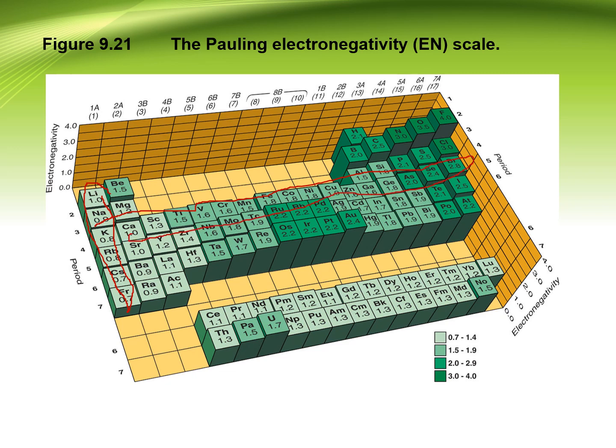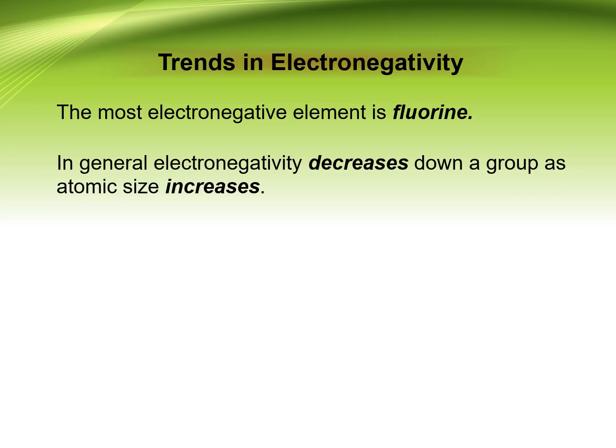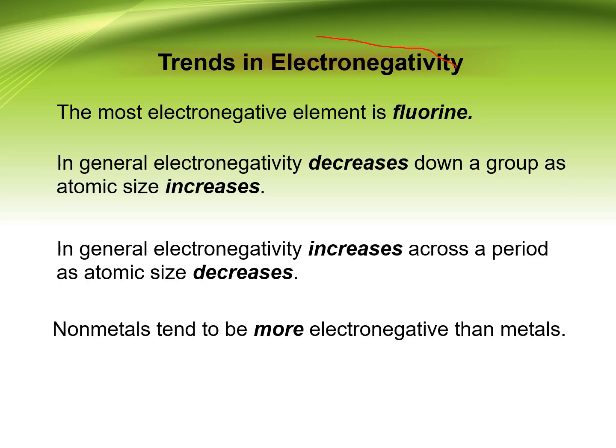So you need to relate the electronegativity with the position of the atom in the periodic table. Remember the meaning of electronegativity. Electronegativity is the ability of an atom to attract electrons, and the most electronegative element is fluorine.